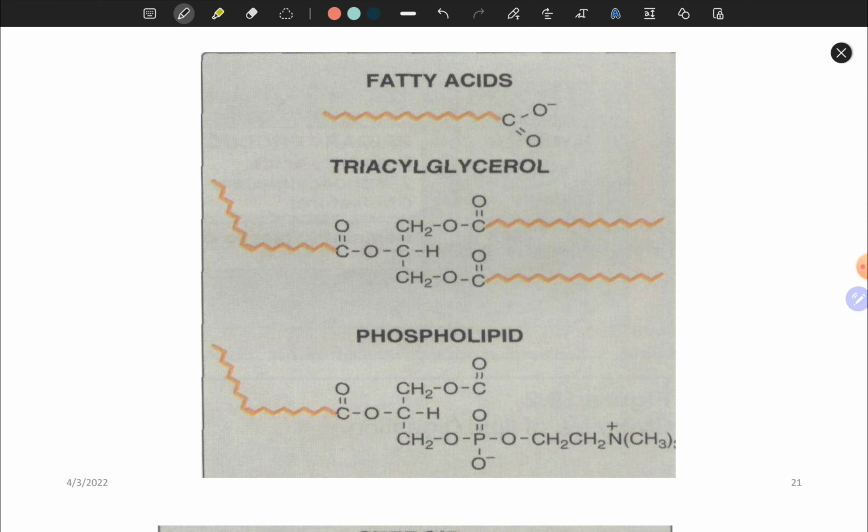Fatty acid we have, triacylglycerol, which we also call triglyceride: one glycerol and 3 fatty acids. Phospholipids are complex lipids: lipid plus phosphate. And cholesterol.